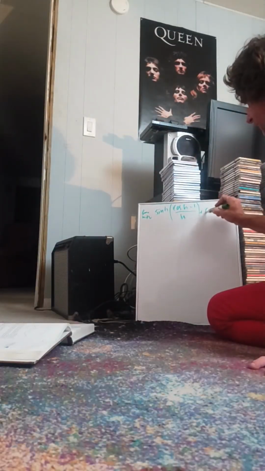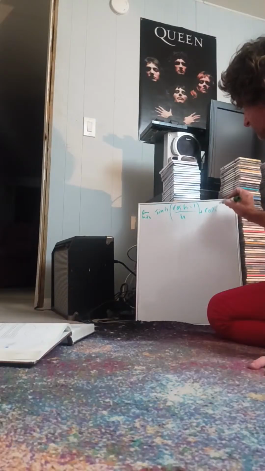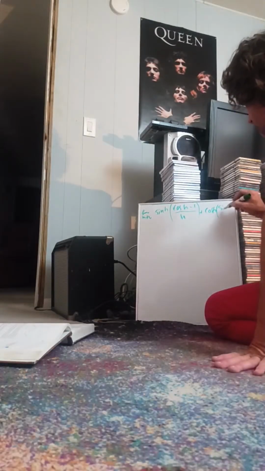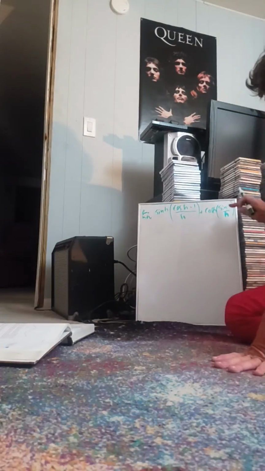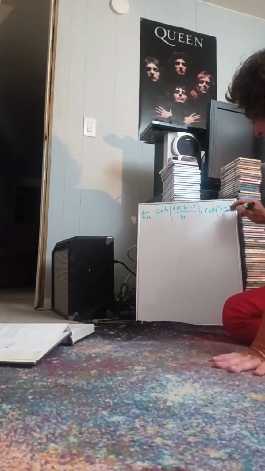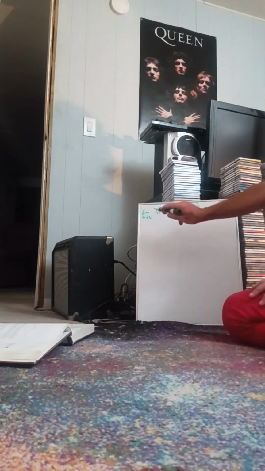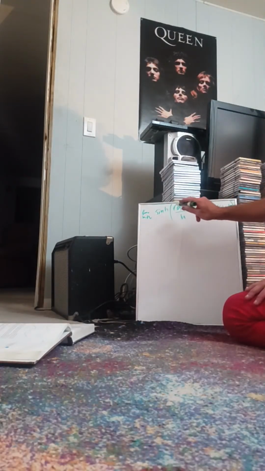Plus cosine h times sine h over h. That's what we were left with when my phone died. We'll go through this. So it's the limit as h goes to 0 of sine h times this thing plus cosine h times this thing.